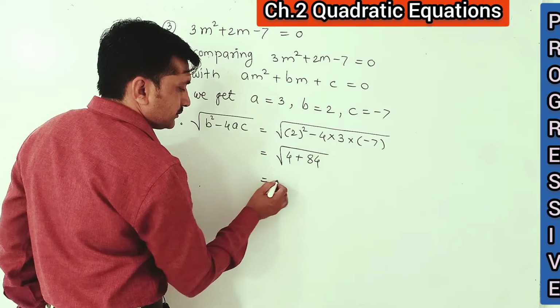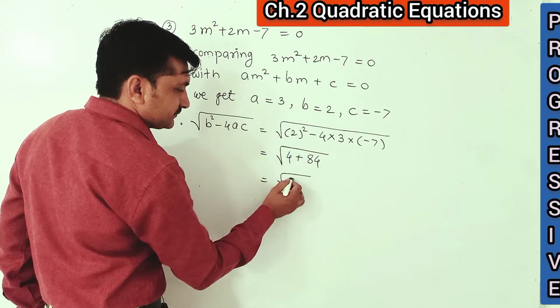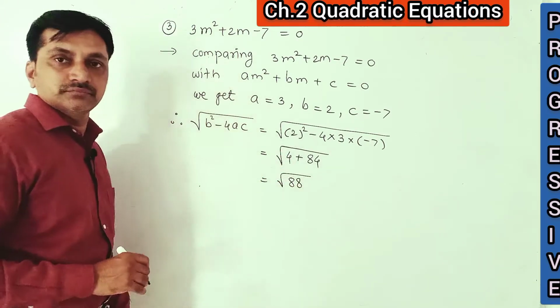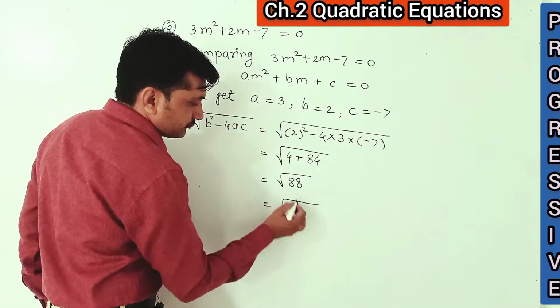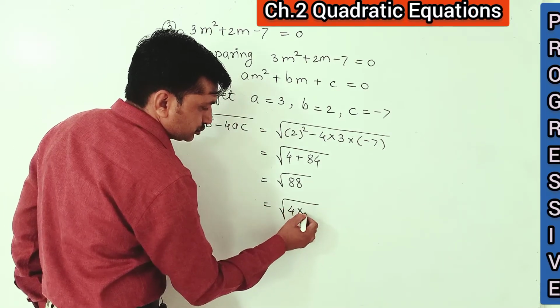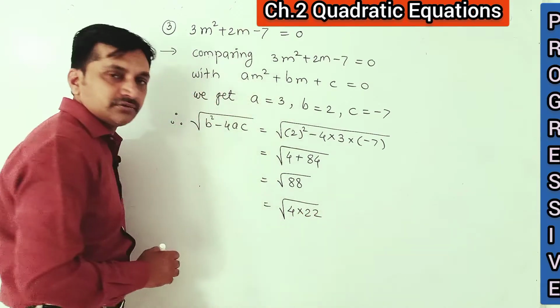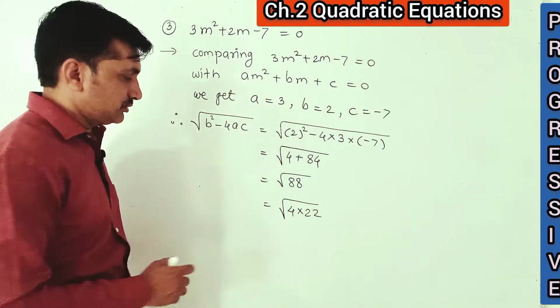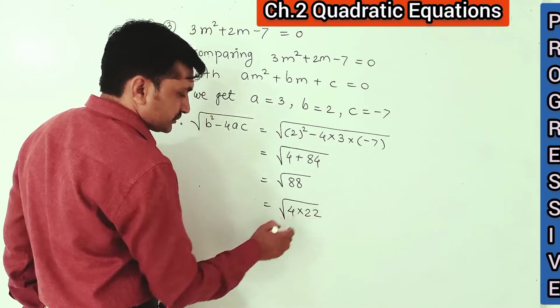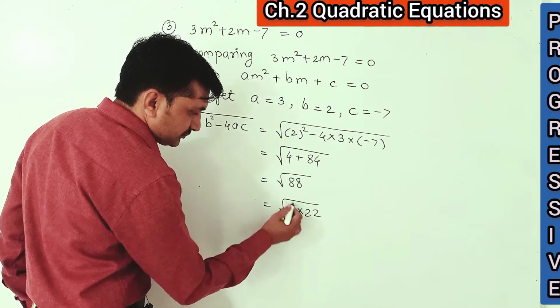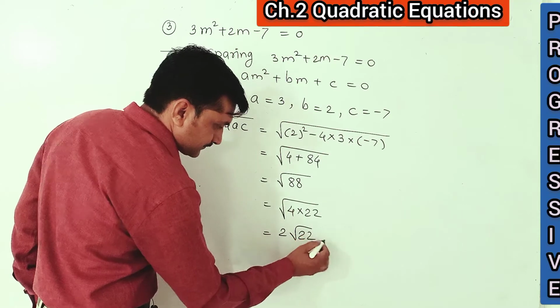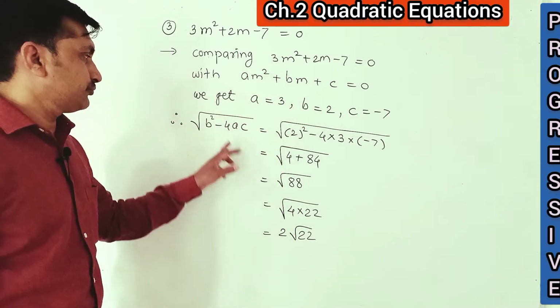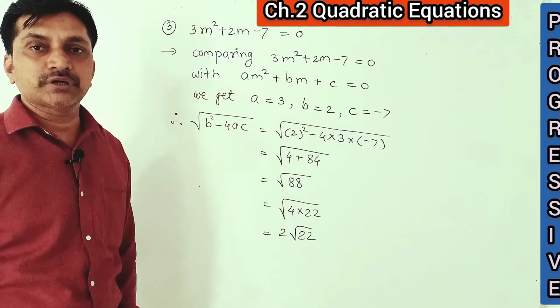So the root of this is 88. It is not prime. Therefore, if we factorize it, we can write it as 4 into 22. 4 is a perfect square, so we take its square root, 2, outside: 2 root 22. It is the value of b square minus 4ac.